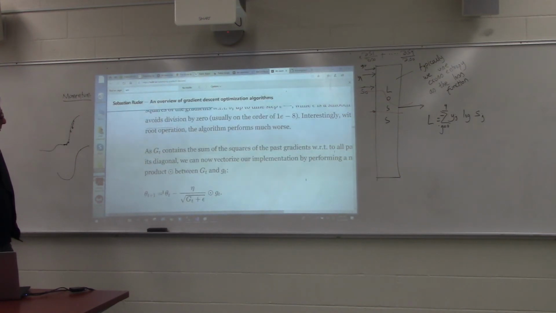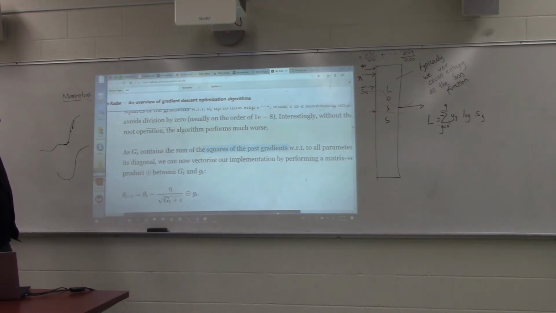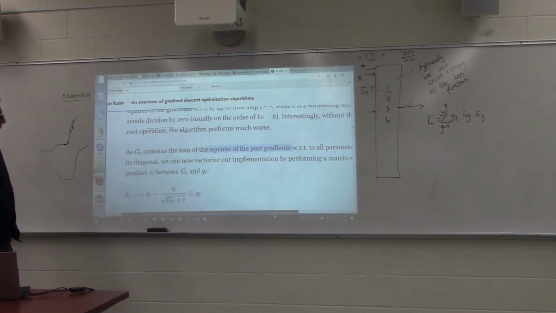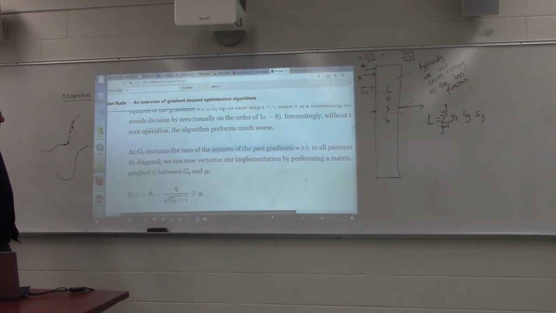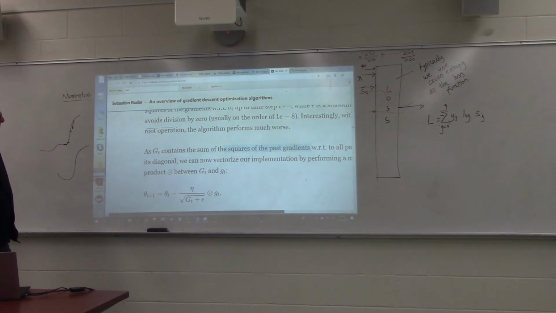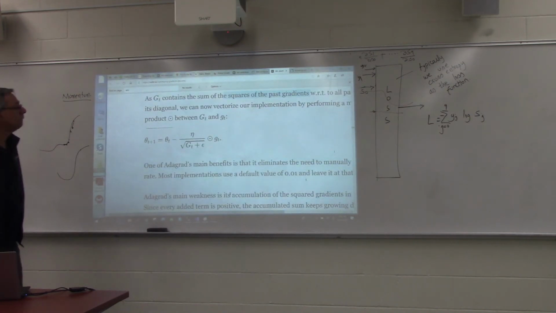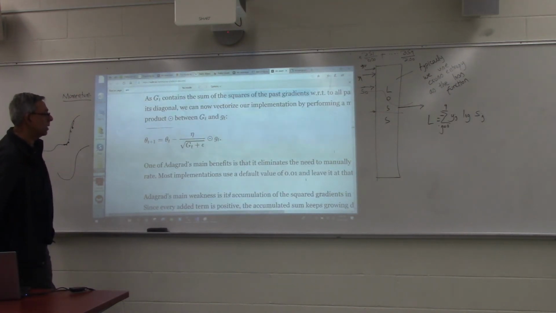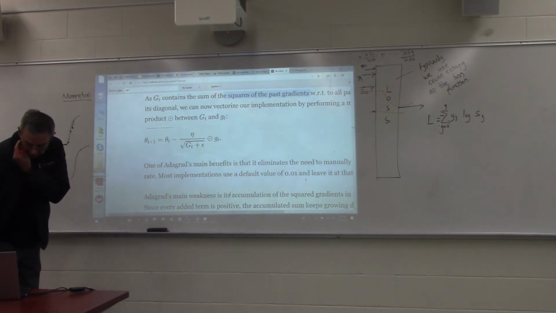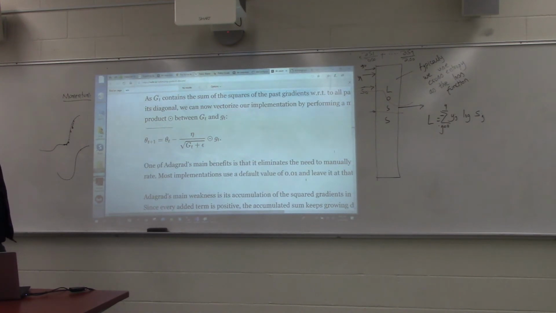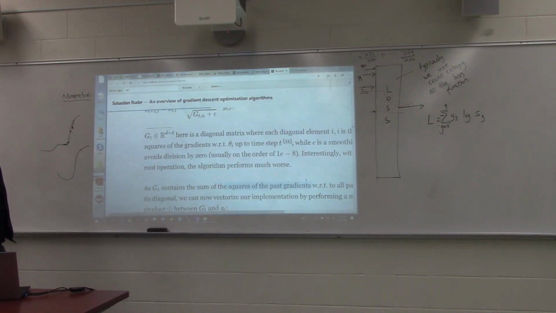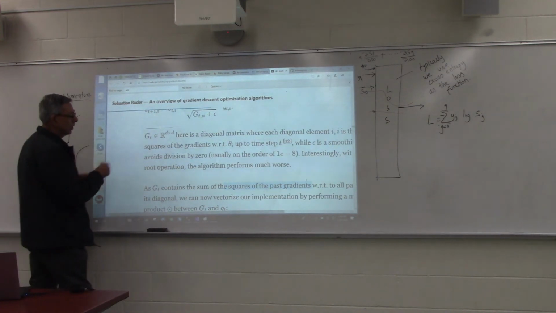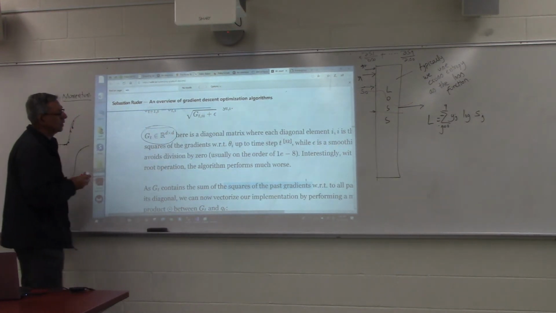Let's take a look at the definition of the GT. GT contains sum of the square of the past gradient with respect to parameters theta along its diagonal. And I know GT is a square matrix, I think. Double check. So if you take a look at GT, it is a D by D.